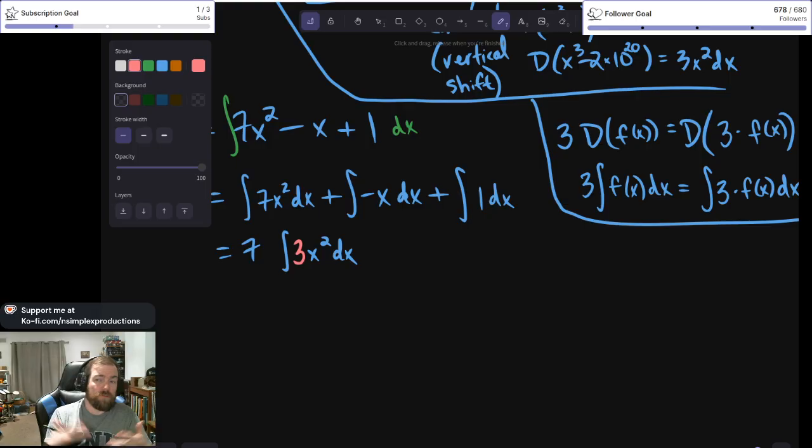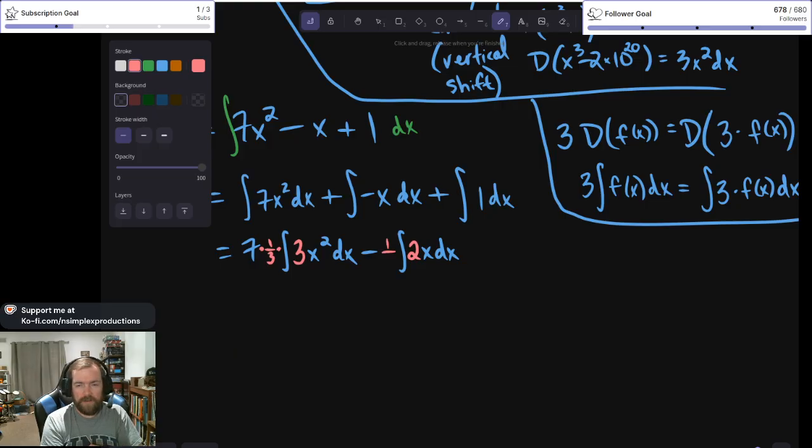I can't just make a 3 appear out of nowhere, so what we have to do is balance it by also multiplying by a 1 over 3. Here, we've got a -1 attached to that x, so multiply a -1 out front. That's fine. Again, here, x dx is not by itself a direct derivative of anything, but 2x dx is.